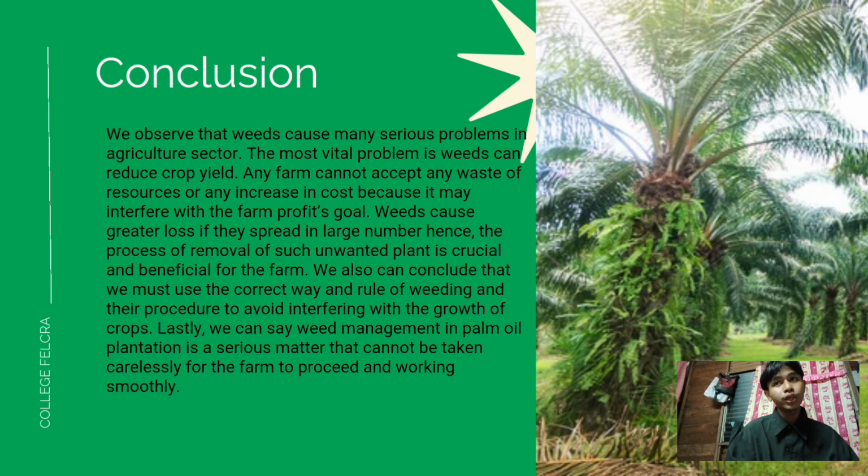For example, if we overspray the herbicide onto our main crop, it will become a problem. So we need to know the rules. And lastly, we can say weed management in palm oil plantation is a serious matter that cannot be taken lightly and carelessly for the farm to proceed and work smoothly.